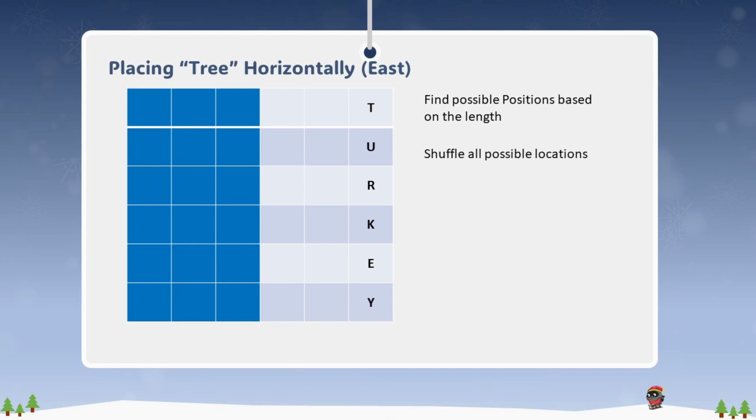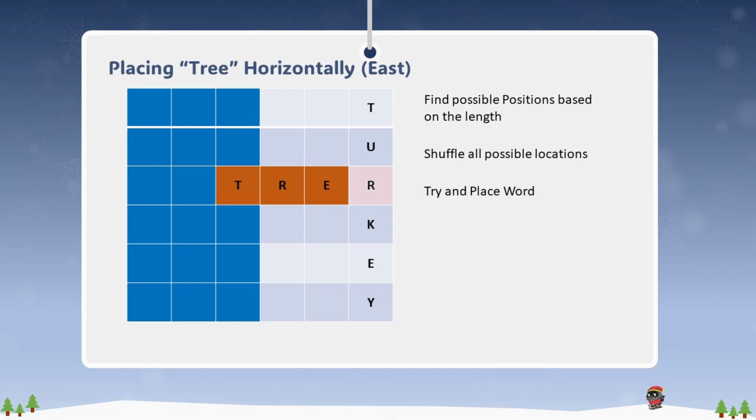Now we have all the possible positions, the next step is to shuffle those, and we'll work through them one by one. We'll take a first random x and y coordinate and then try and place each letter in turn. First the T, then the R, then the E, seeing if the cell is empty or the same letter that we're trying to place.